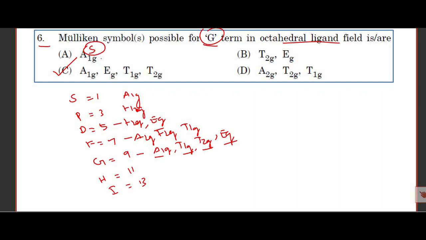T2g and Eg is for D term, so this is wrong. And A2g, T1g and T2g is for F term, which is also wrong because they are asking for G term.